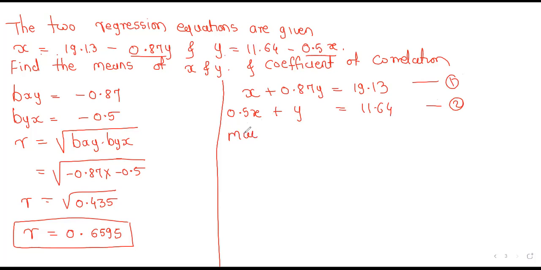Now multiply equation 1 by 0.5. So 0.5x plus 0.435y is equal to 9.565.